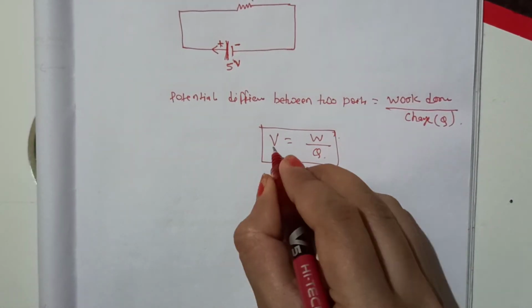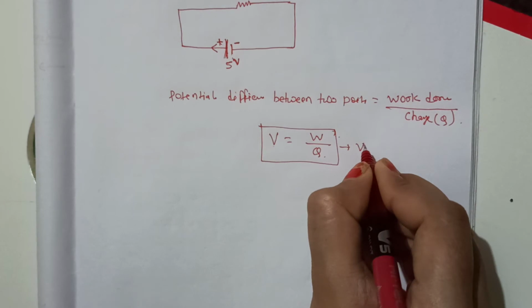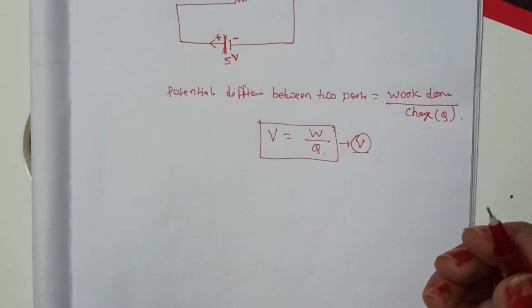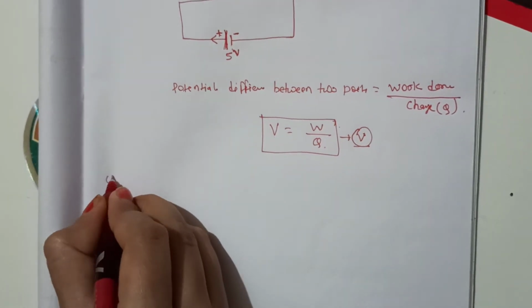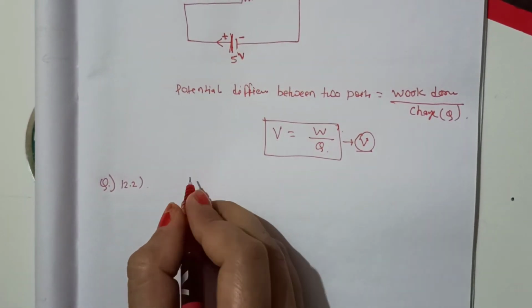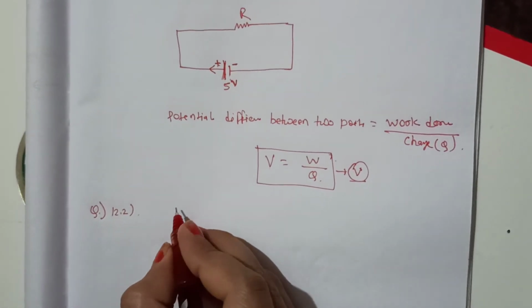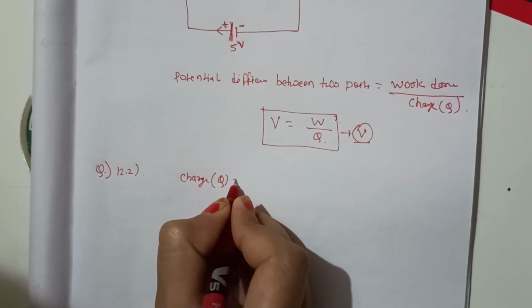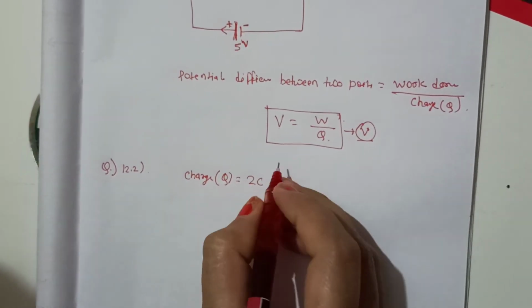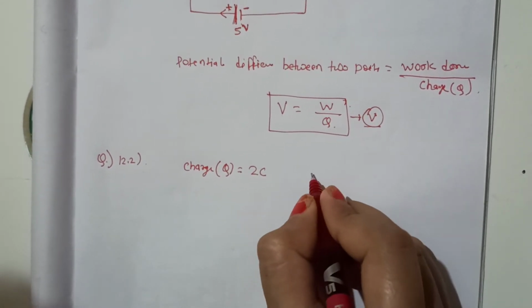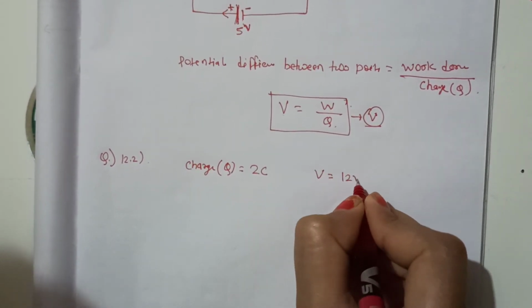So what is the unit of voltage? It is the volt. Now we'll solve a question. One example is there, 12.12: how much work is done in moving a charge Q of 2 coulomb across 2 points having potential difference V equal to 12 volt?